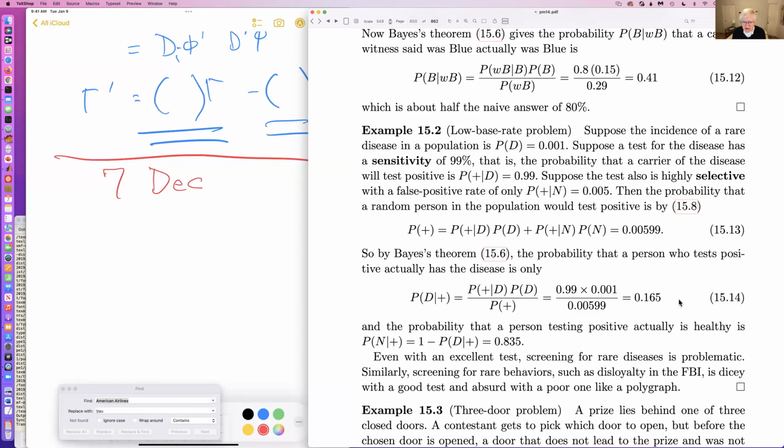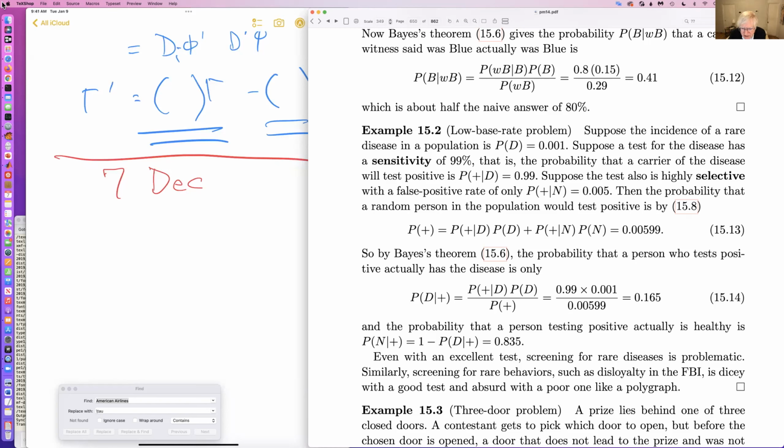This means that the test, because the disease is so rare, even though the test is very good, doesn't do a very good job.